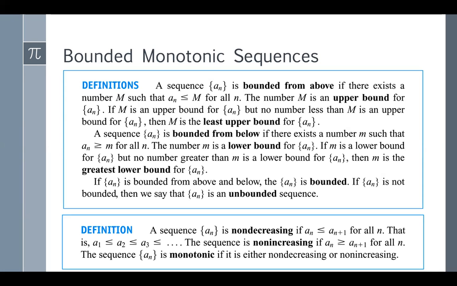Similarly, a sequence is called non-increasing if a sub n is greater than or equal to a sub n plus 1 for all n. That means either decreasing or staying the same. And finally, a sequence that is either non-decreasing or non-increasing is called monotonic. Basically the idea behind monotonic is that it's not going back and forth. It's either going up or staying the same, or going down or staying the same.